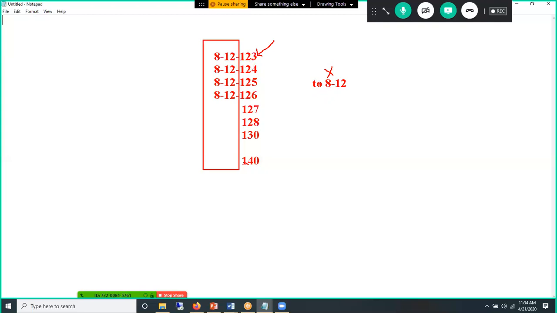But even if I put only 123 instead of 8-2, that is also not a valid address. So when you say address, compulsorily we need to give both numbers. Both portions should be given. One portion is common to all the apartments in that area, and one portion is unique to you.